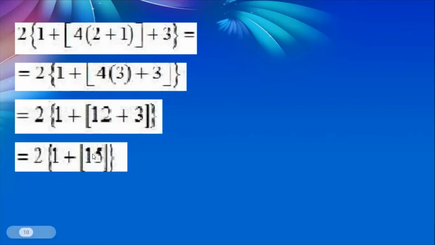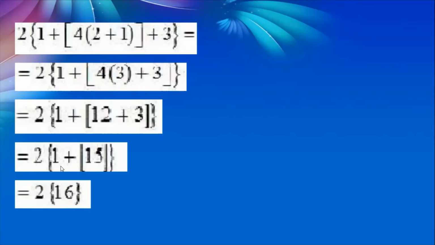Since 15 is the only number that we have here, just remove our bracket sign, and then we're going to add it with 1. So 15 plus 1, that is 16. Now this time, once we cannot see any operation here at the center, and these numbers are enclosed by the bracket, it means that we are multiplying.